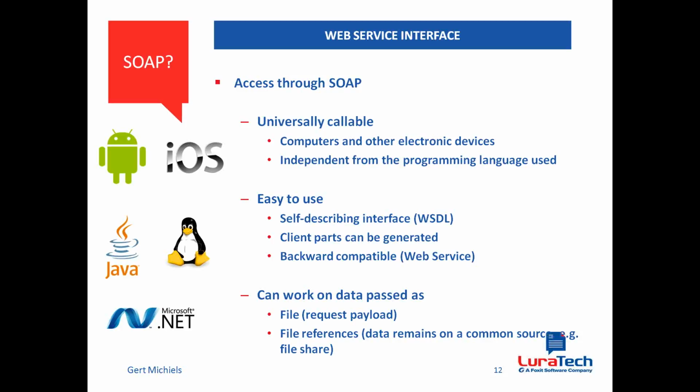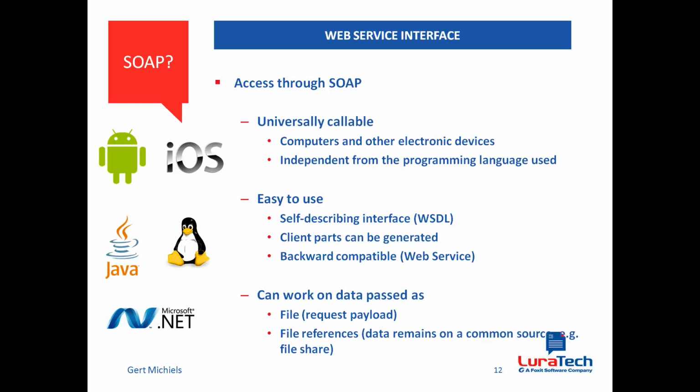The main point of this ease of use is that the interface is self-describing. So even if you have no header file, like it used to be in the old days, or any other information about the interface, you can still communicate with this SOAP web service, because it's able to give its own description of its interface, so that any tool chain that is able to read this description can build its own communication code.